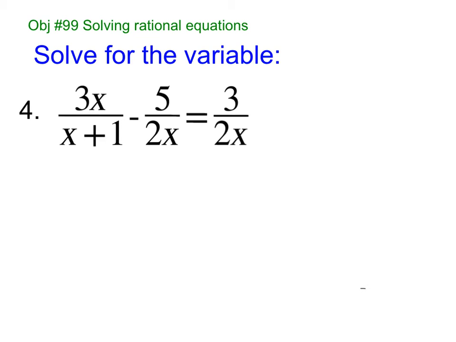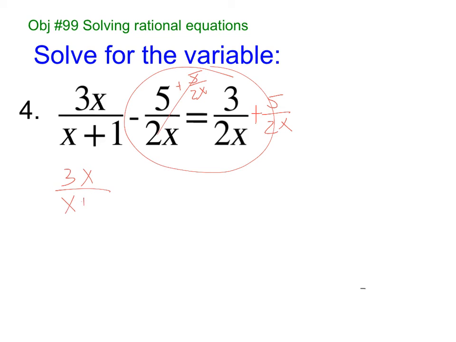Alright, last one. Pause the video. This is not a hard one. So it looks obnoxious, but actually, if you add 5 over 2x to both sides, you get 3x over x plus 1 equals 7 over 2x.